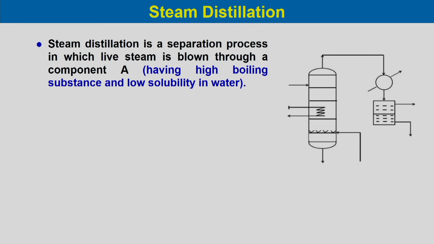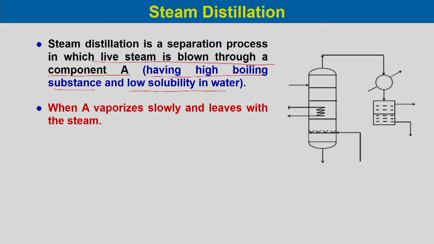In this case, you can see a sketch over here. Live steam is blown through a component A having high boiling substance and low solubility in water. So, if you have a mixture of components whose boiling points are high and which have very low solubility in water, we can just inject the live steam through that solution.